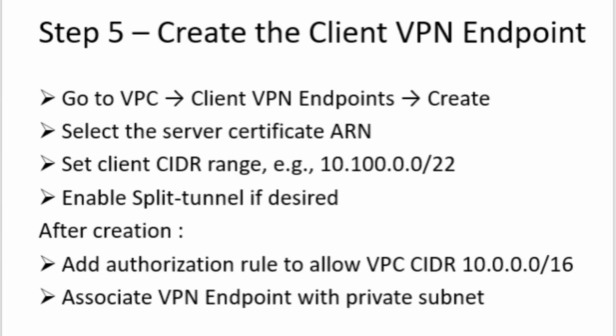Once the VPN endpoint is created, we need to add an authorization rule to allow access to our VPC's CIDR 10.0.0.0/16, and associate the VPN endpoint with the private subnet we created.